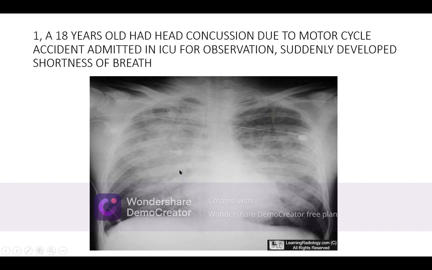The other routine investigations should always be done, and then try to manage it. You have to remove the fluid from the lungs as quickly as you can. So you give diuretics in this patient, and you supplement with oxygen, with the nasal prongs, or better, by intubation.